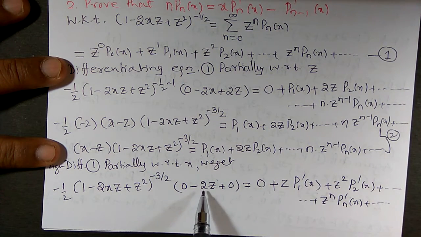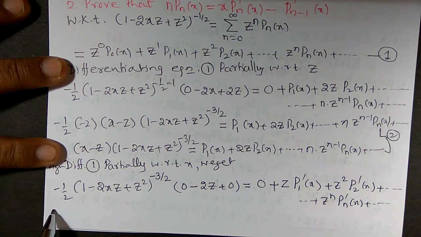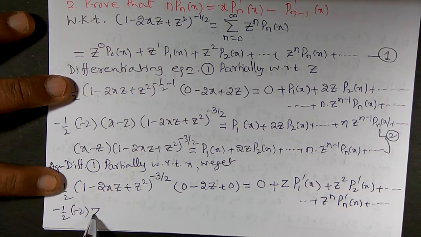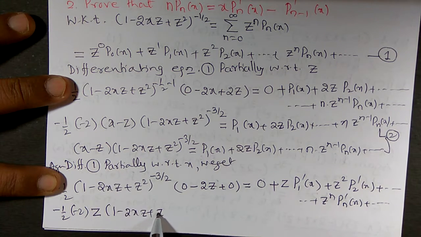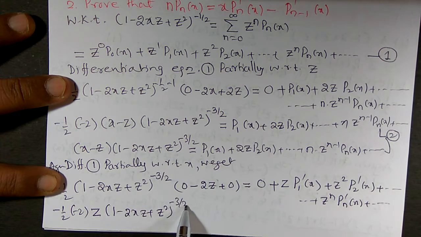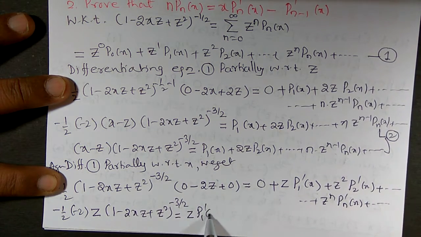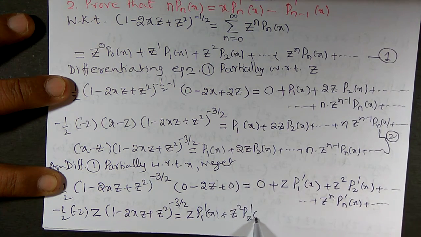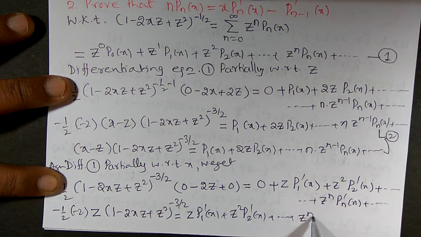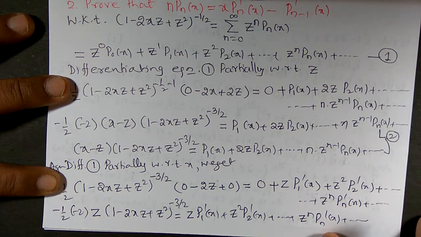Simplifying the left side, I write minus 1 by 2 into minus 2, so z into (1 minus 2xz plus z squared) raised to minus 3 by 2 is equal to z P_1'(x) plus z squared P_2'(x) plus so on, z raised to n P_n'(x) plus so on.